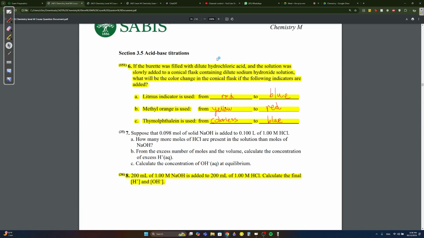Oh, they said the burette has hydrochloric acid. The conical flask had the base. So it was changing from base to acid. So swap these all. So blue, red, and then methyl orange is red to yellow. And the phenolphthalein is blue to colorless.